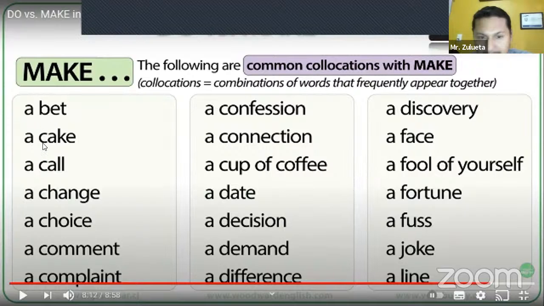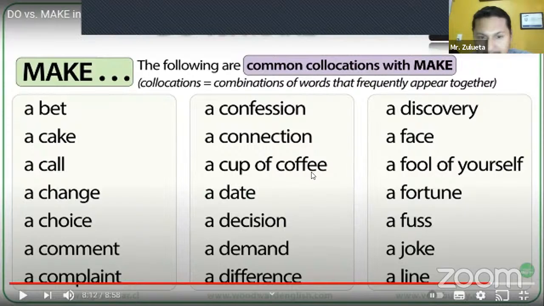Make a cake, make a call, make a change, make a choice, make a comment, make a complaint, hacer una queja, utilizando make. Make a confession, make a connection, okay? A connection among two friends or one enterprise to another.